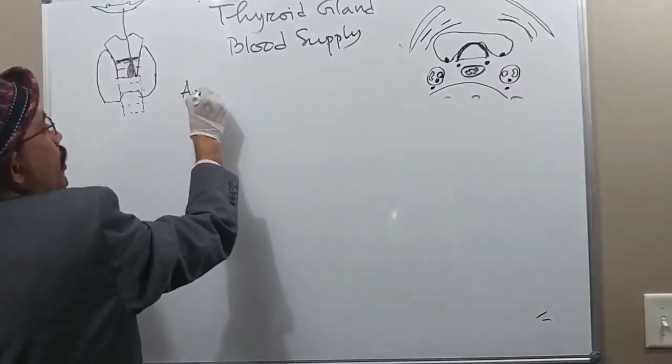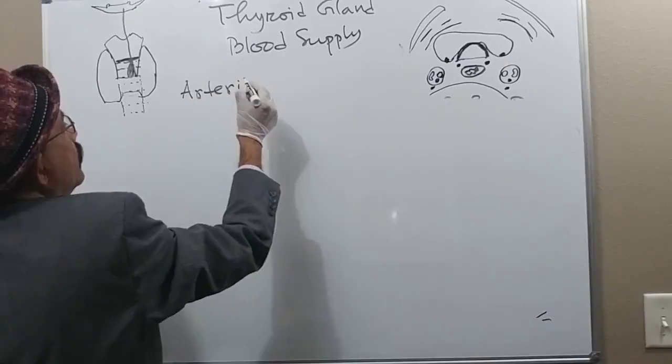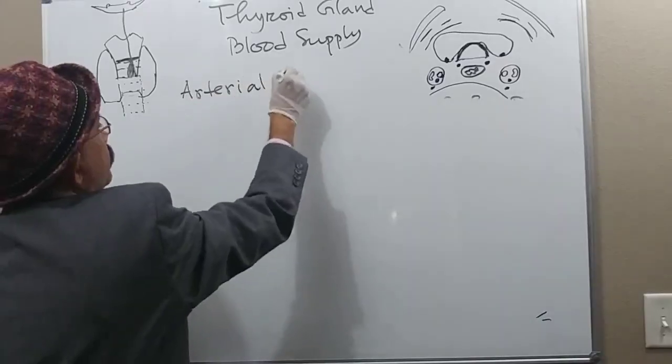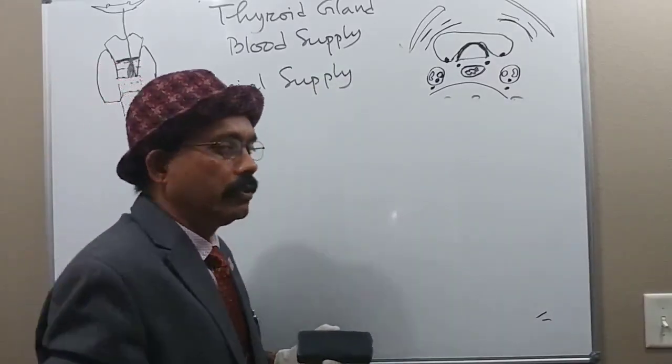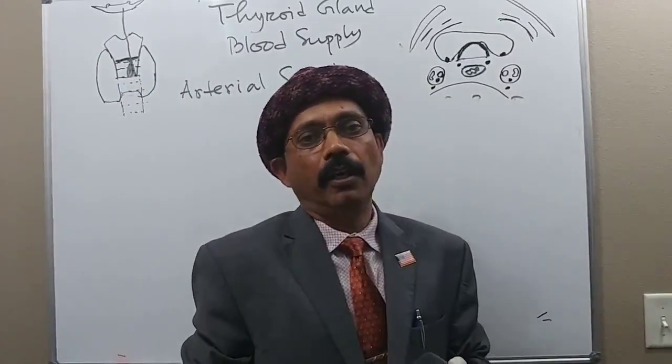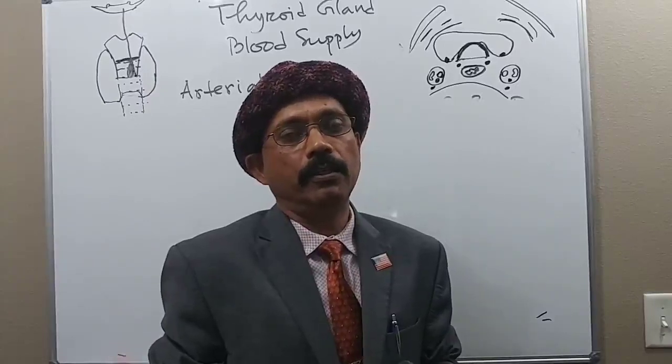Arterial supply: what artery supplies the thyroid gland? The thyroid gland is supplied by the superior thyroid artery and the inferior thyroid artery.